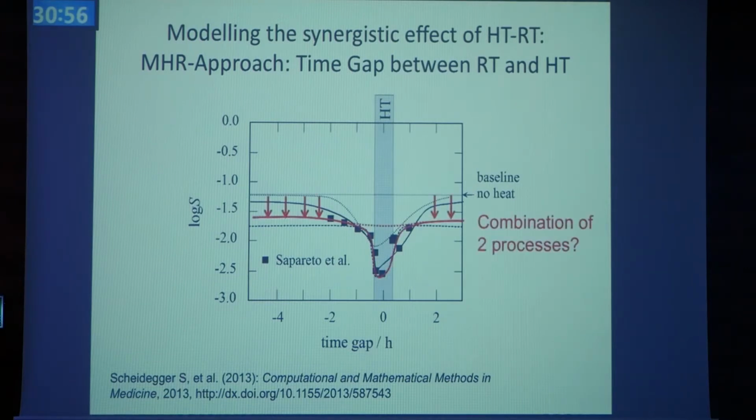However, by analyzing this data, we got the impression that the whole story can be explained better by 2 processes: one process which is not so sensitive to time gap, and a second process which is more sensitive to time gap. But this is purely hypothetical. At the moment, we do not have enough data to really distinguish between these 2 processes.